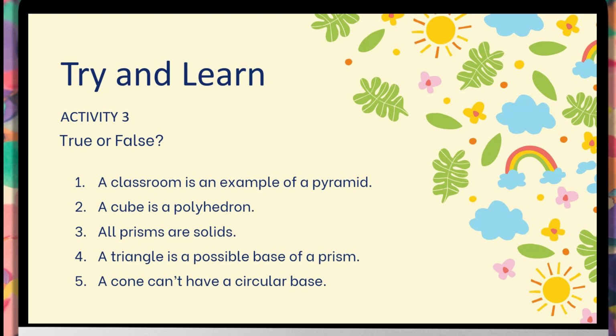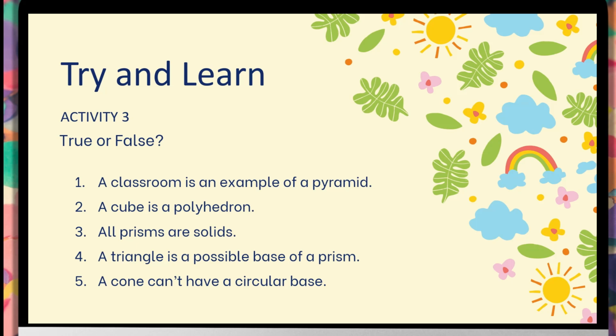Number 3, all prisms are solids. Number 4, a triangle is a possible base of a prism. Number 5, a cone can't have a circular base. Again, you can pause the video if you need more time to answer your learning activity sheets.